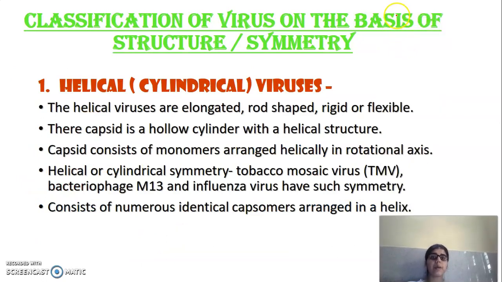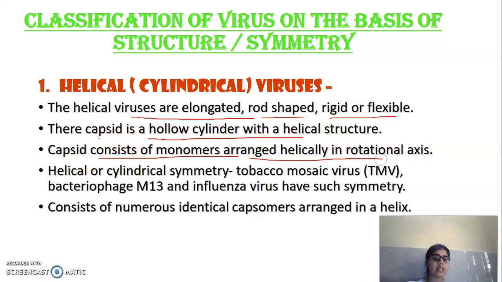Classification of viruses on the basis of structure and their symmetry, that is helical or cylindrical viruses. The helical viruses are elongated, rod shaped, and rigid or flexible in nature. Their capsid is a hollow cylinder with a helical structure. The capsid consists of monomers arranged helically around a rotational axis.